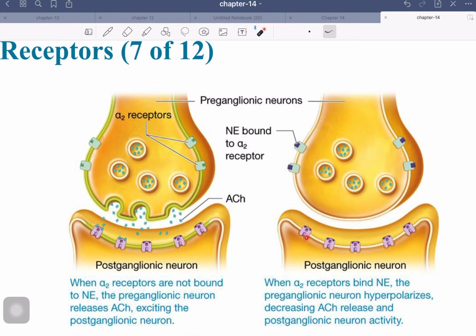Therefore, the postganglionic neuron does not get stimulated because I end up hyperpolarizing the terminal end of the preganglionic. So the postganglionic never receives its neurotransmitters, and therefore there's no activity there. So this has a big role when it comes to limiting the activity of the sympathetic fibers.